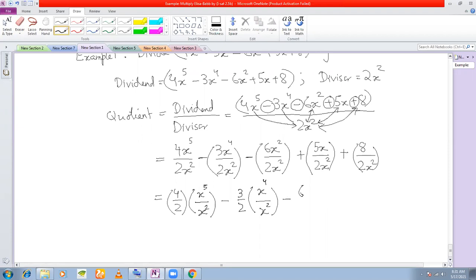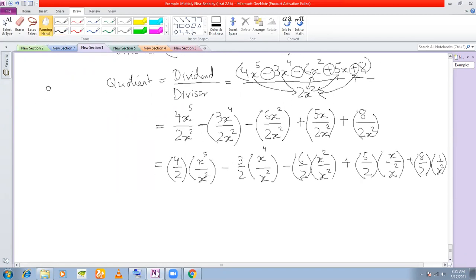Minus 6 by 2, x square by x square, which will ultimately cancel. And you have plus 5 by 2, you have x by x square, plus 8 by 2, and you have 1 by x square.